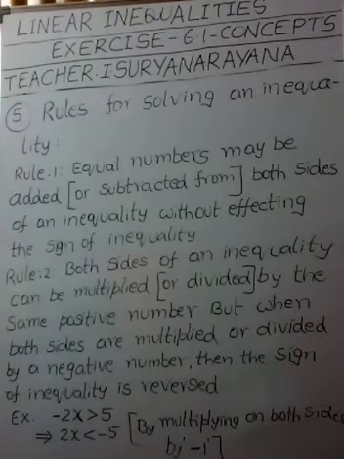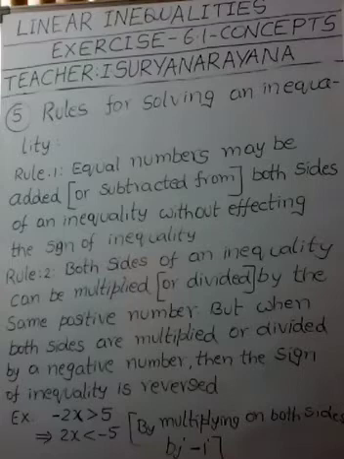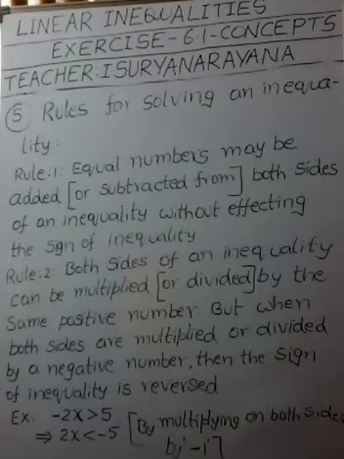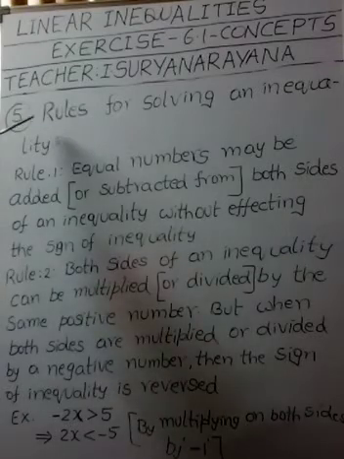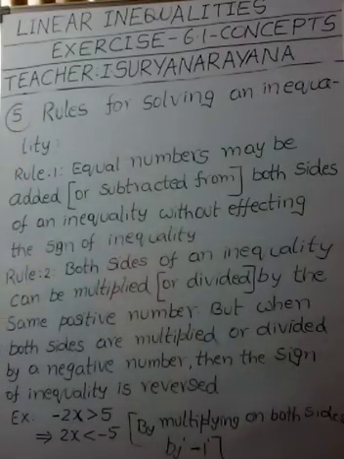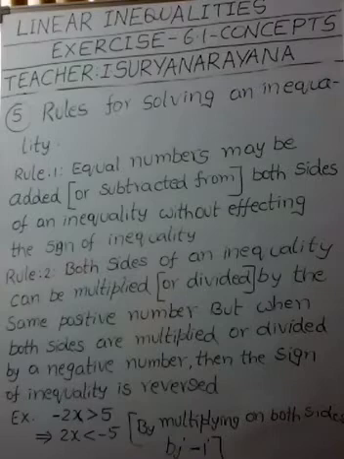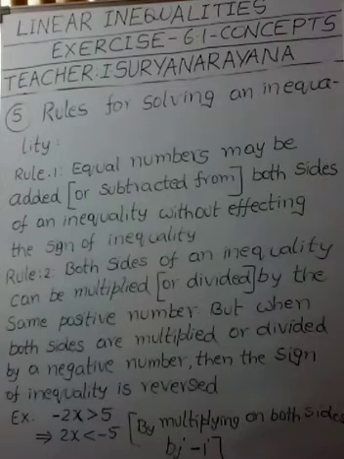Similarly, you multiplied the equation on both sides by the same number, and we divided on both sides by any real number. Similarly, here some rules are there. In solving an inequality, we have to follow these rules. These are also the same as the rules we followed in solving a linear equation.